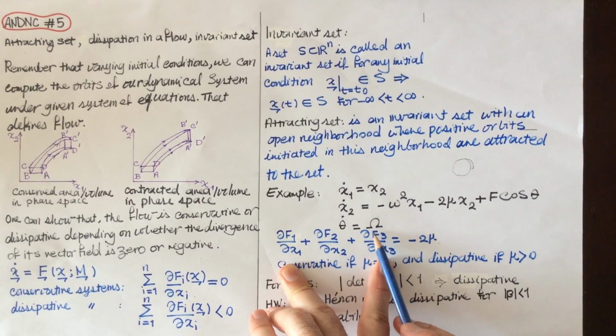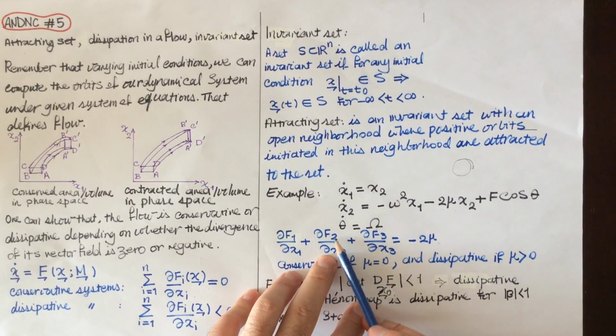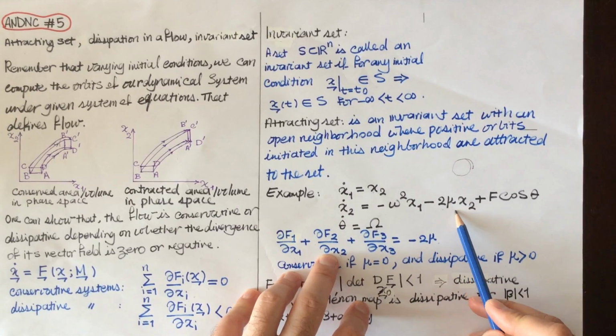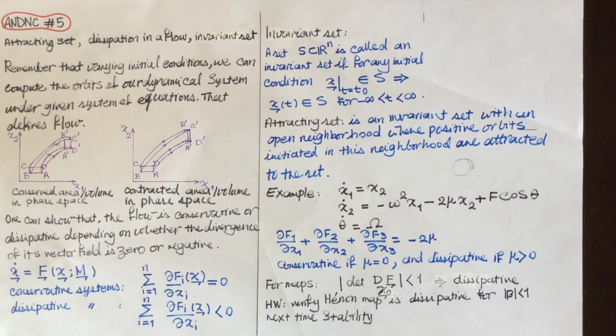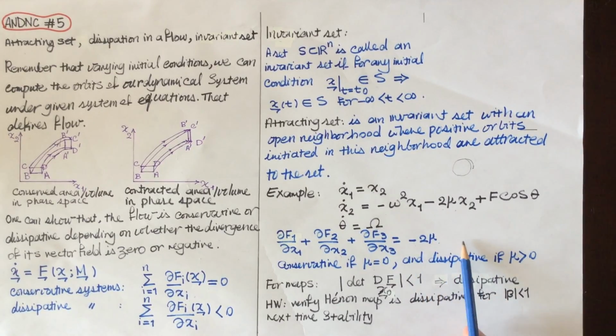This is a constant, omega. And df2/dx2 is negative 2 times mu. And then you're going to say, all right, the condition for this system to be conservative is that mu goes to 0. And if mu was larger than 0, negative 2 times mu would be less than 0, and this system would be dissipative.